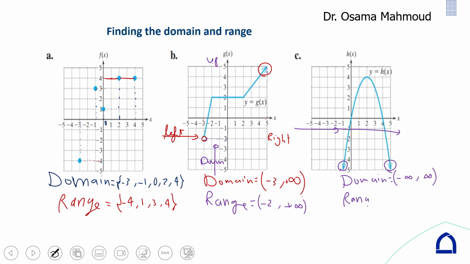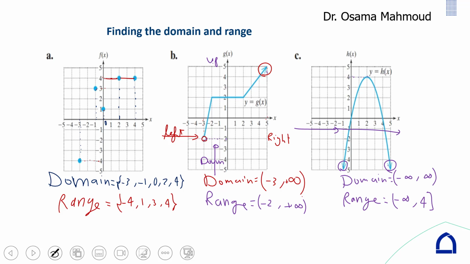The range is carrying from down to up, so the minimum value, because we have an arrow, we go far down, which is minus infinity, and the maximum value here is 4. 4 is included because there is no hole, so we use a square bracket. This is a closed interval.